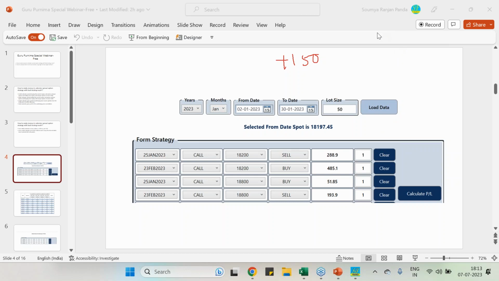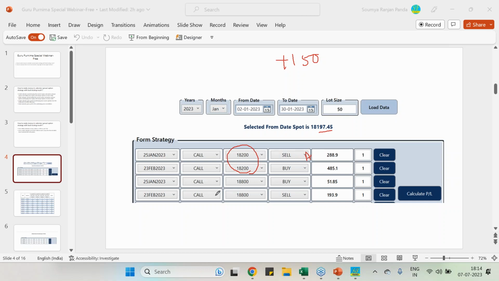So what we did, we have formed a debit calendar at ATM option. Now Nifty spot is at 18,197. So the nearest 18,200 is ATM, 2 to 3 points from there. We formed a debit calendar.